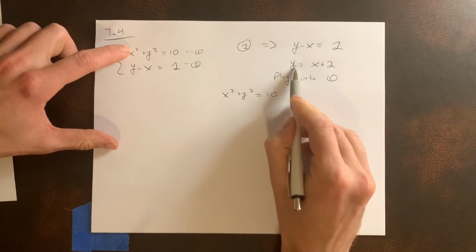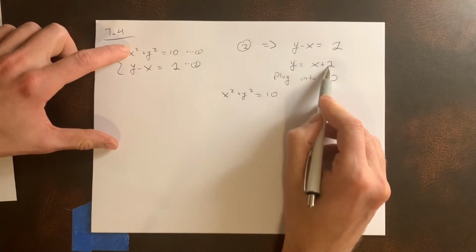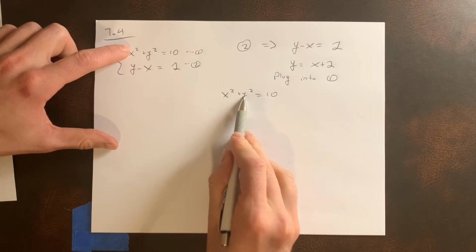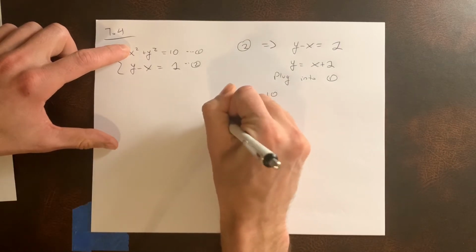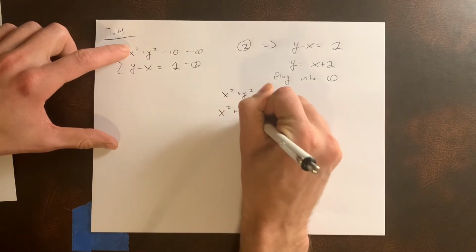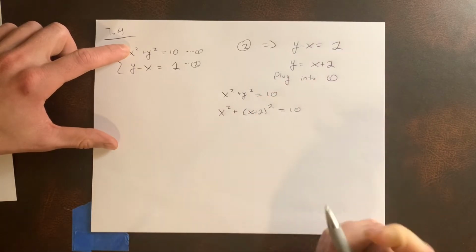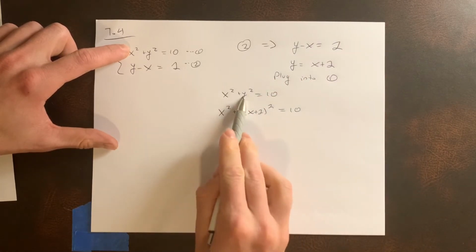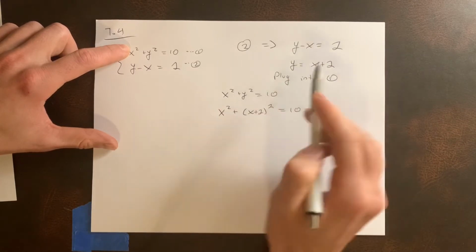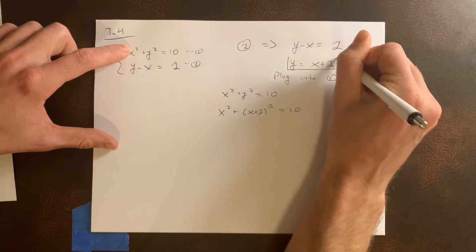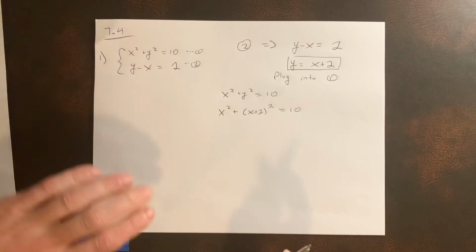But now we know that y is the same thing as x plus 2, so we replace this y with x plus 2. We get x squared plus x plus 2 squared is equal to 10, since from equation 2 we see that y is equal to x plus 2.